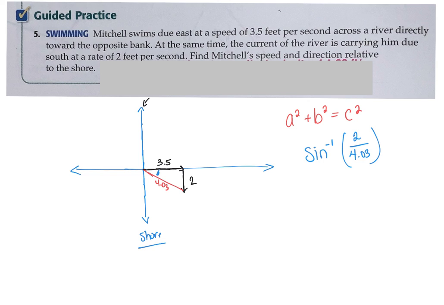So I get 29.75 degrees, but again, I've solved for this, and they want it from the shore. And so they actually want this angle. So once again, I do have to subtract from 90. And you get 60.2, something like that, 60.25.